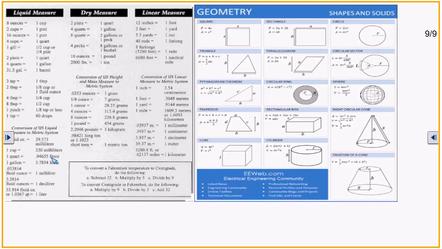But I just wanted to show you that you're not going to be able to do a lot of these conversions without the help of the handouts, especially conversions of US linear measurement to the metric system, because you're going to have problems. You're not going to memorize all those.